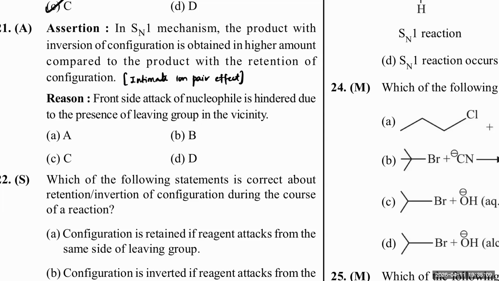So this is a true statement. Front side attack of nucleophile is hindered due to the presence of leaving group in the vicinity. That is true, and it is a correct explanation also.